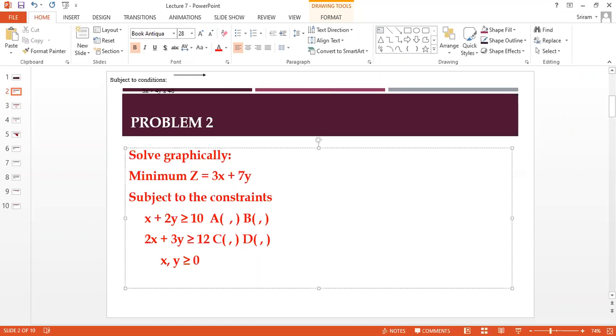After finding these points, we join A and B using a line, and join C and D using a line.